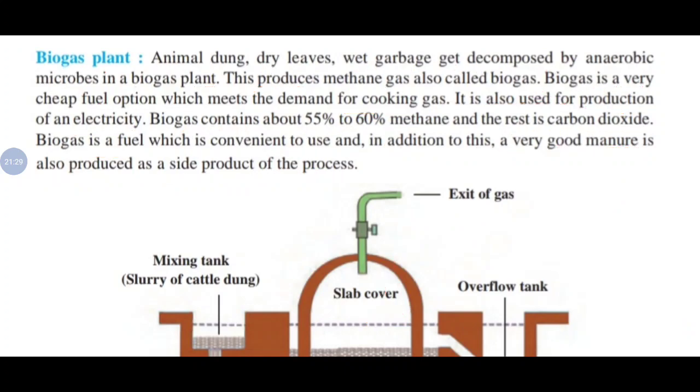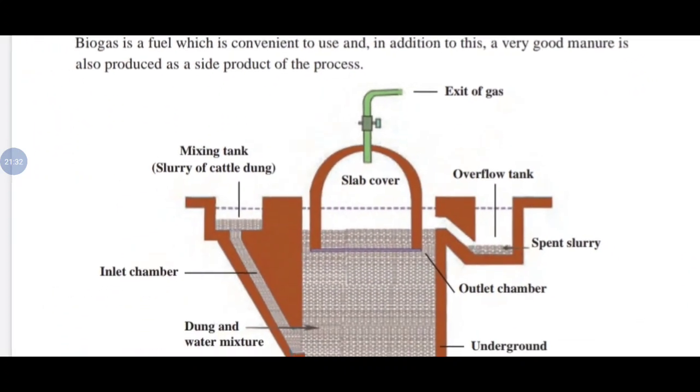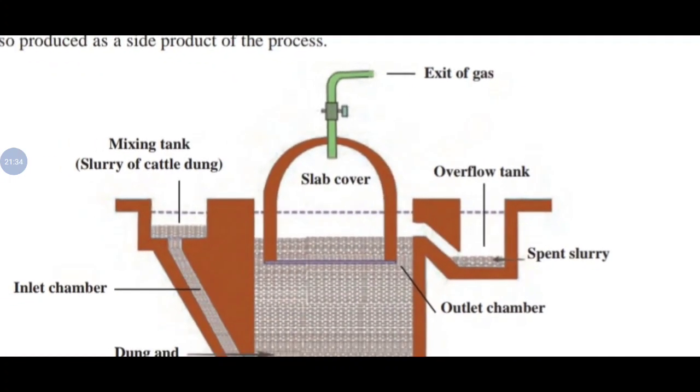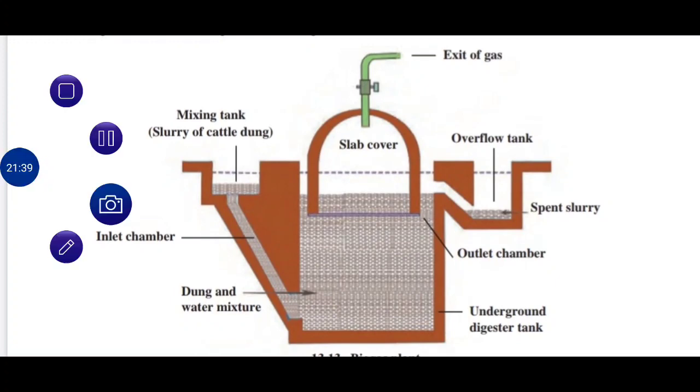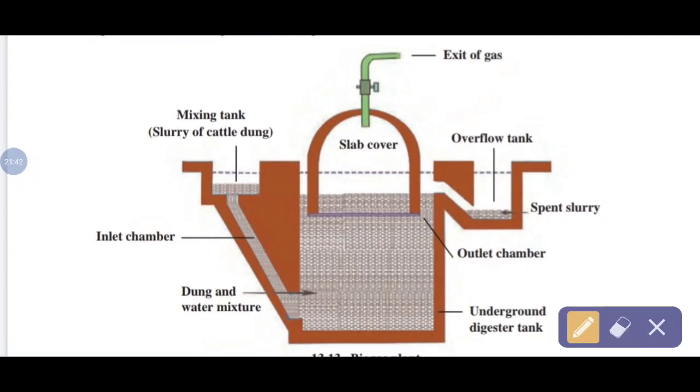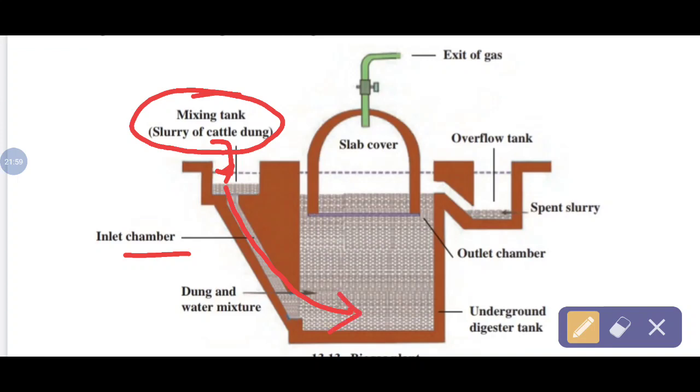Next, see the diagram and the different labels given. The pipe above is the exit of gas. From the left side, the mixing tank: slurry of cattle dung and remaining waste material is added with water, called the inlet chamber, and passes downward. What is present in this tank? Dung and water mixture.